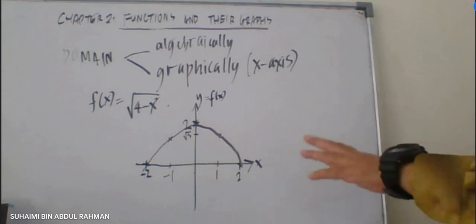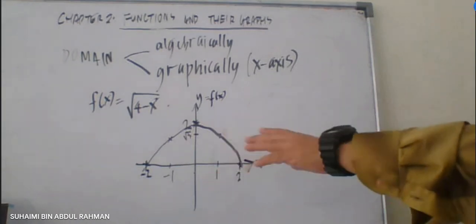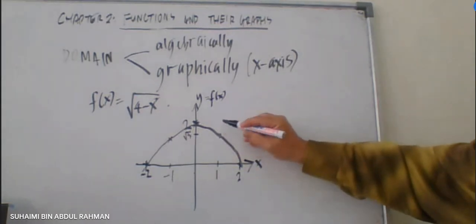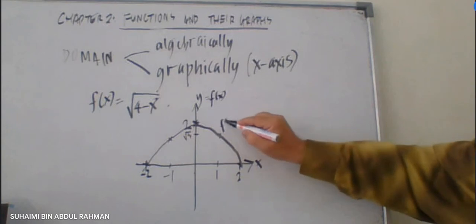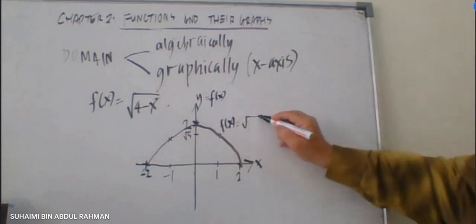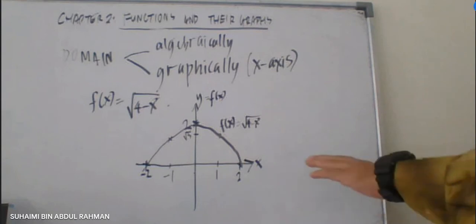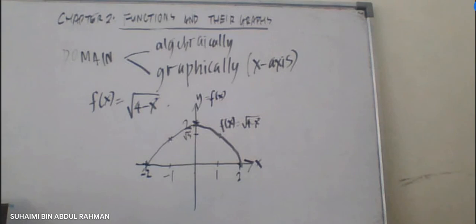And when we look at this, this is the graph of the function square root of 4 minus x squared. When we look at the graph of this function, what can we say? What is the domain of this function?